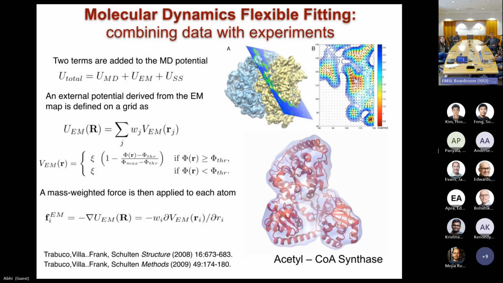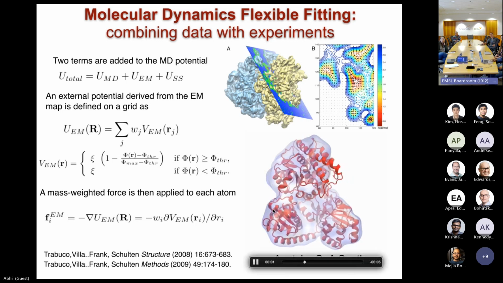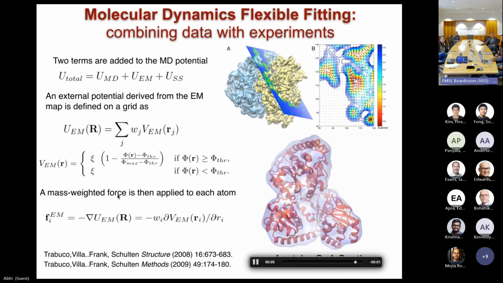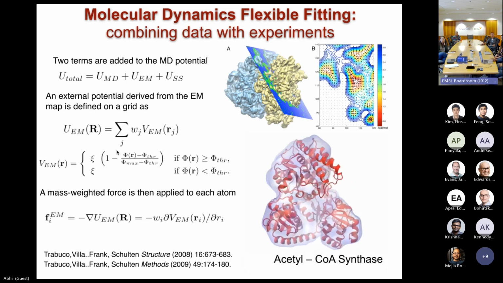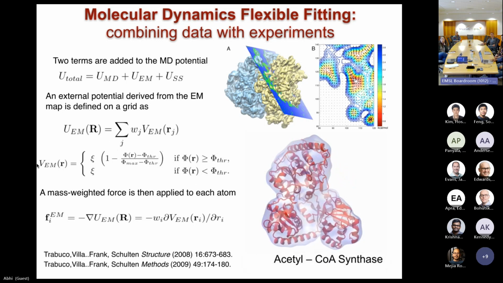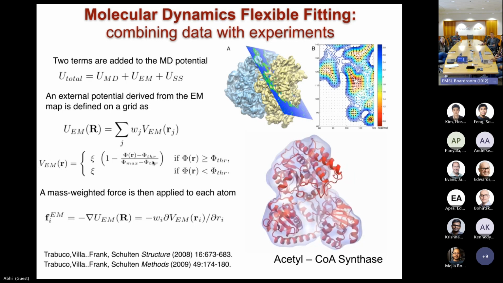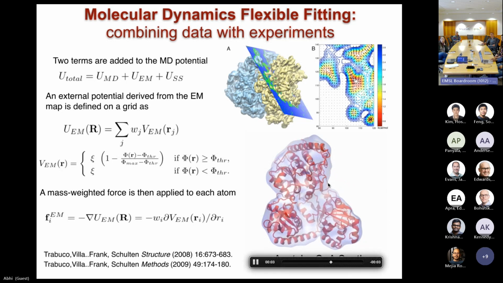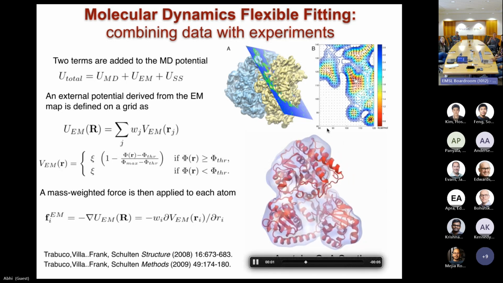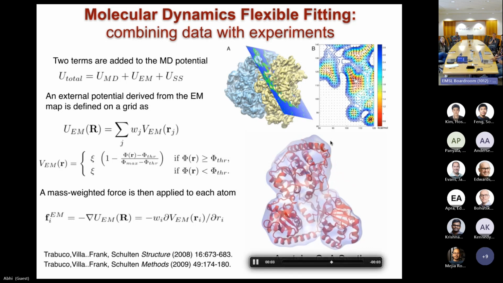So what we do is we take this low resolution information and convert it into a Coulomb-like potential by using this formula. It does not matter what this formula means, but at least see that this additional potential is linearly related to the three-dimensional form of this electrostatic potential, so of this cryo-EM potential.